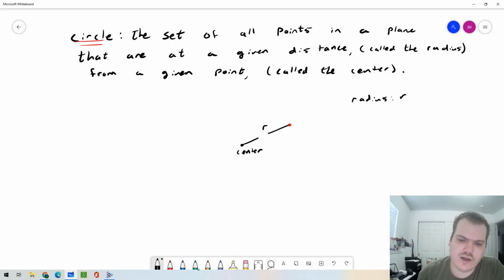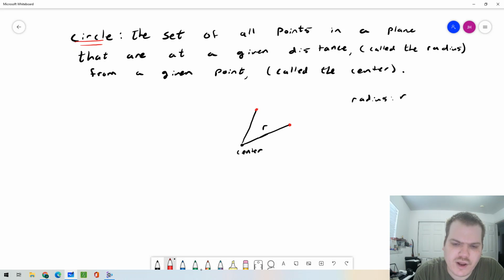But if I go in any direction from this point here, I'm going to have a set distance from this spot. So if I choose to go in this direction, somewhere up here I'm going to have a point that is in this circle because that is a given distance away.